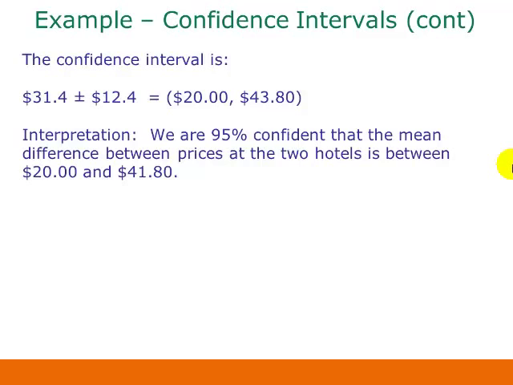So again, this tells you something. If you're thinking about going and getting a room at either Hampton Inn or La Quinta, this tells you that if you go to Hampton Inn, you're going to be paying between $20 and $41.80 more than you would at a La Quinta Inn in the same city.